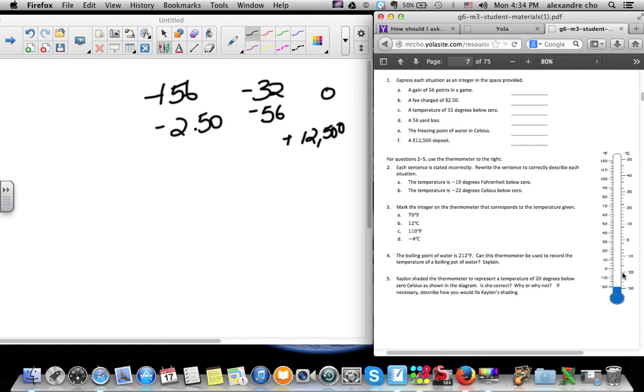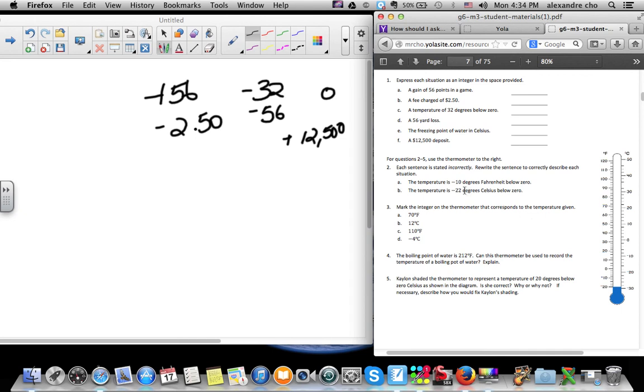Why or why not? Obviously, what Kaylin did, she labeled 20 degrees below 0 on the Fahrenheit side. That's what she's doing here. Because 20 degrees below 0 on the Celsius side would have been where the arrow is right there.